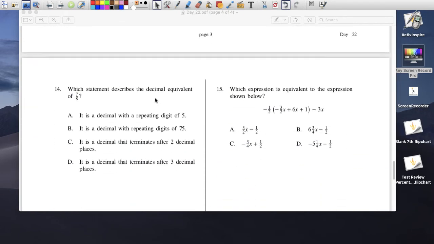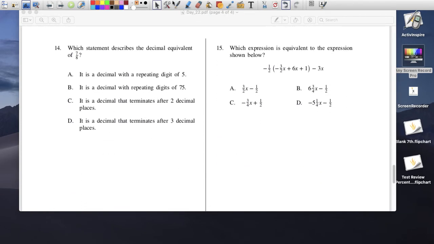14. Which statement describes a decimal equivalent of 7 over 8? So 7 over 8, divide that, and in your calculator you get 0.875. Is it a decimal with a repeating digit of 5? No, because the 5 doesn't repeat. It actually ends right here.